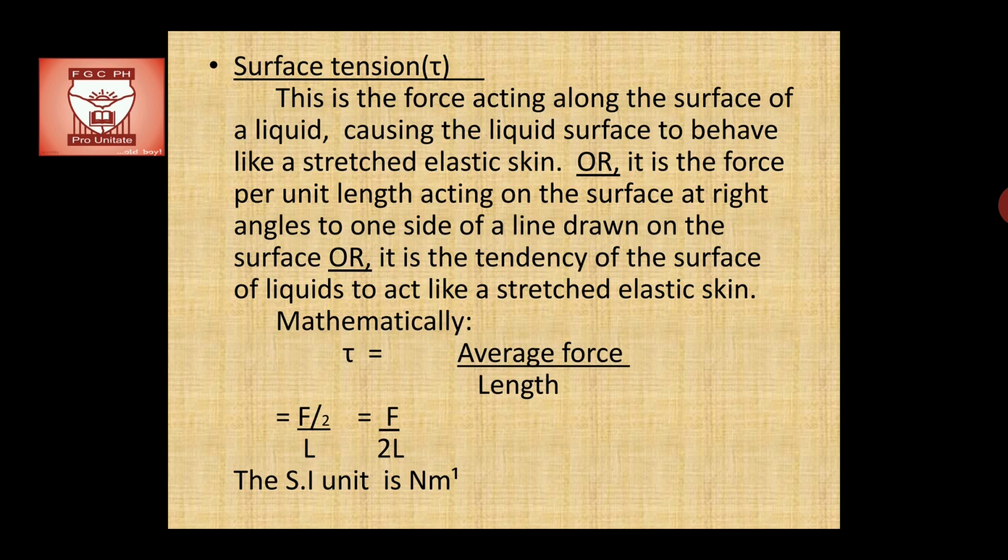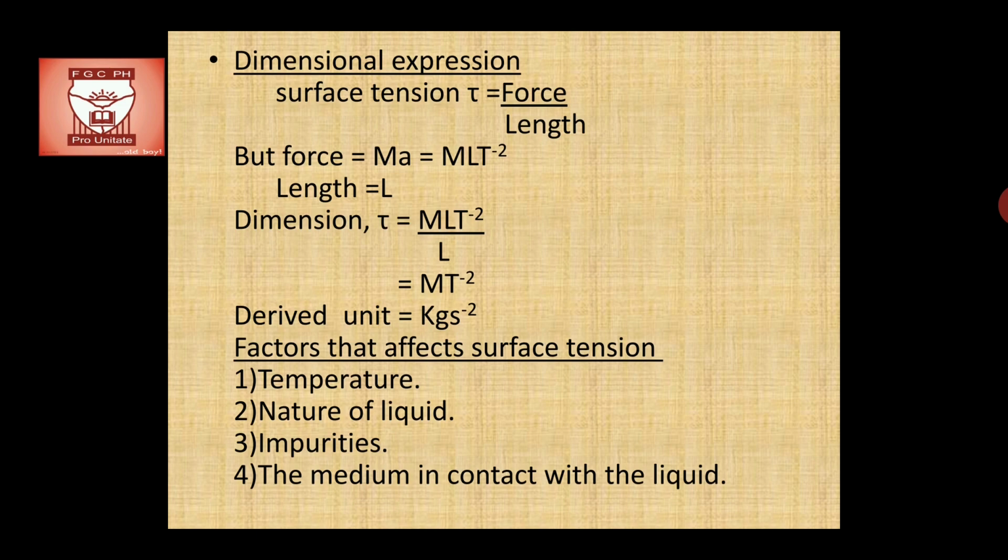So whenever you are calculating surface tension, you can use that formula F over 2L. And the SI unit is Newton per meter. Now the dimensional expression of surface tension.